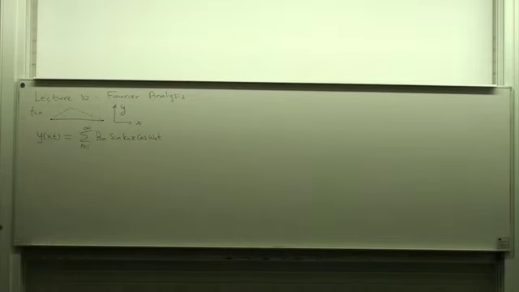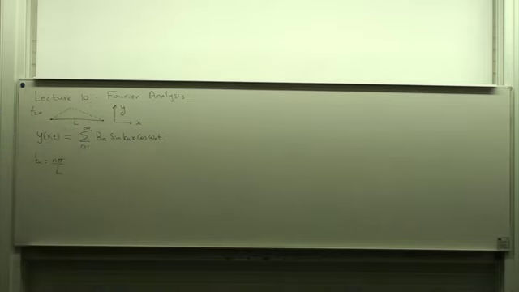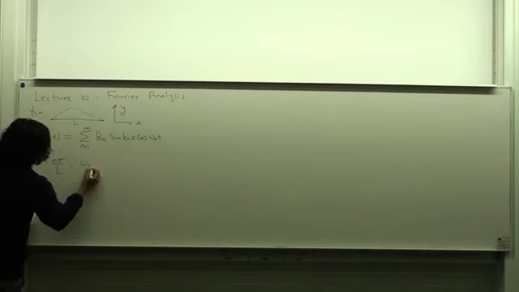So this is the general form, where kn is n pi over L, L is the length of the string, and omega n equals v times kn.